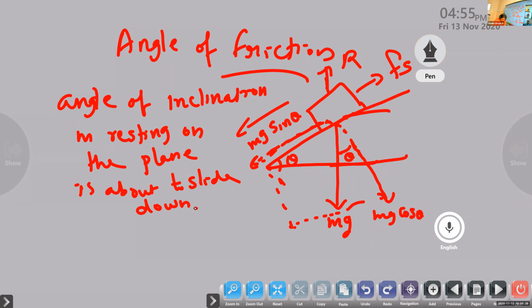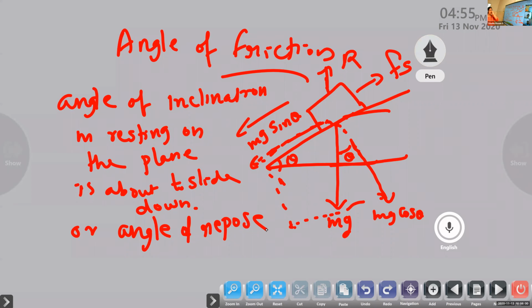Thus this angle of inclination is known as the limiting angle of friction or angle of repose.